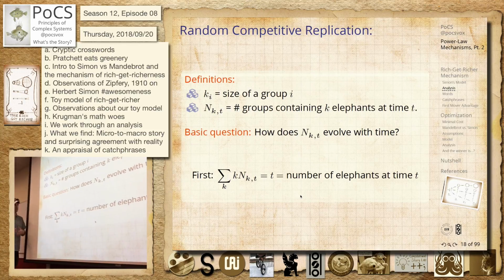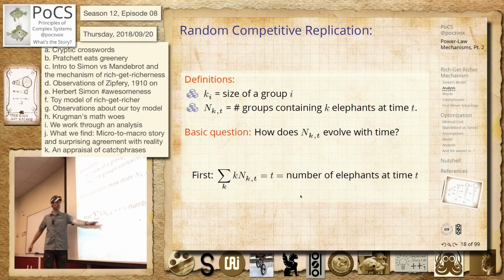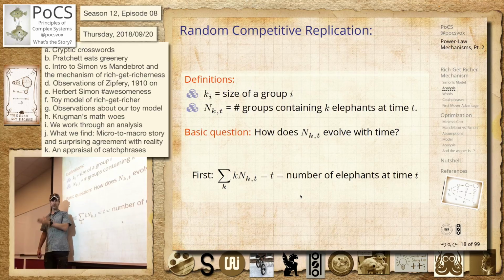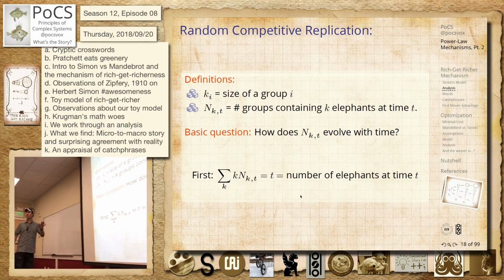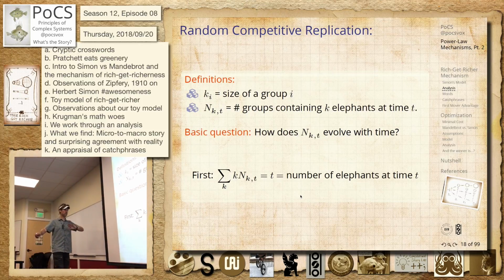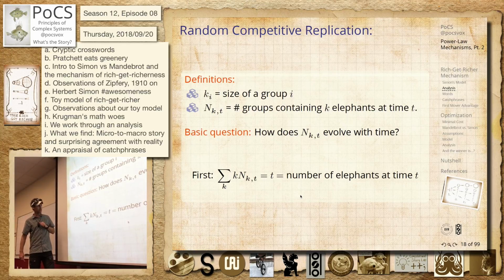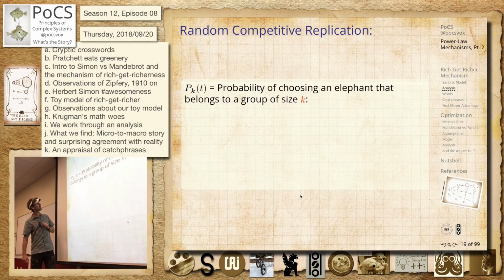We sum over k and we've got all of the elements total, and we know that's just t, because there's one element, two elements, three elements as a function of time. Time could speed up, the adding could speed up, that's the rate thing, but that's the way we're doing it. Okay, so that's a normalization.